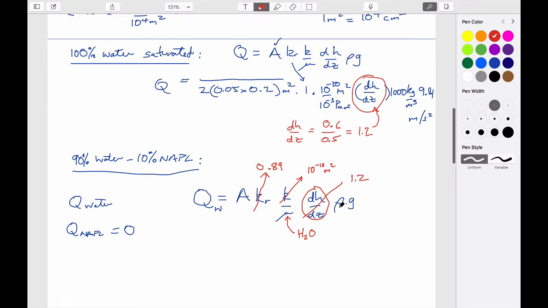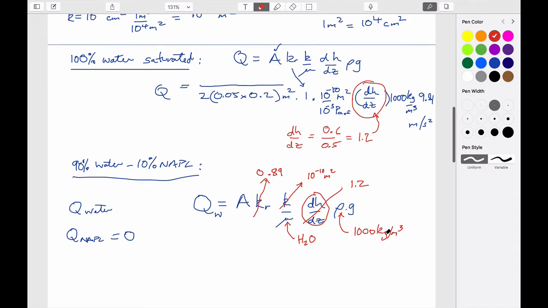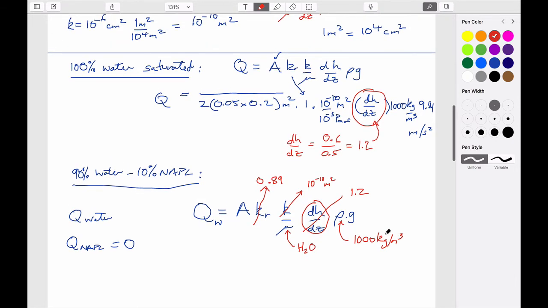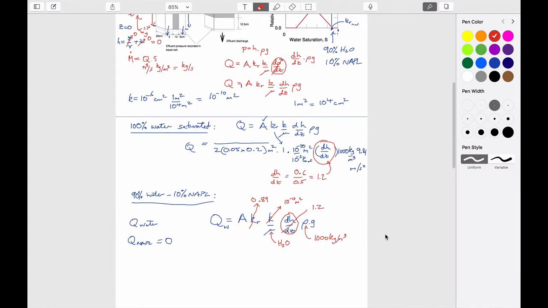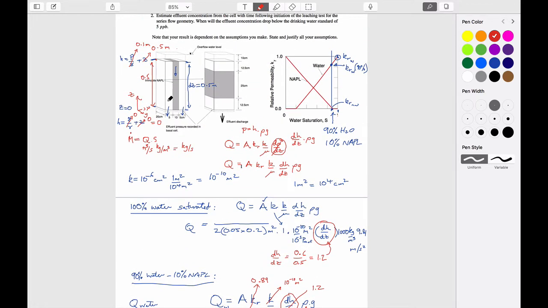The fluid that's flowing has the density of water, which is 1,000 kilograms per meter cubed. So that's it. The only thing we haven't said is what the cross-sectional area of the stripe is. If you can read it now, it is 10 centimeters across, 20 centimeters into the page.